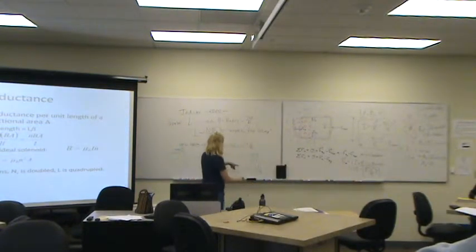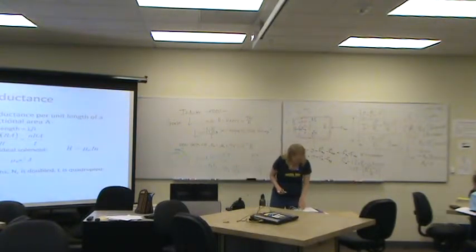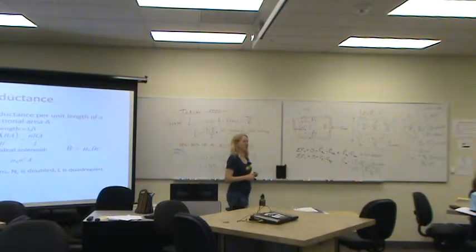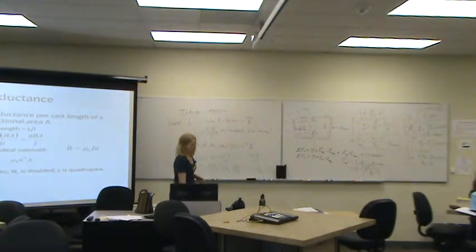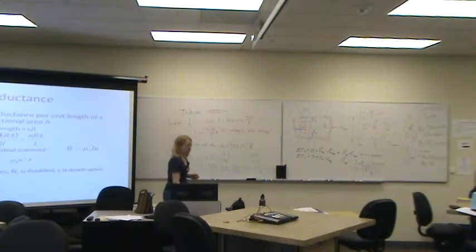So what we have now is mu naught n squared times A over 2 pi r. And that's what the book got. So I guess that's as far as we can take it. Okay, so that's kind of a weird problem.